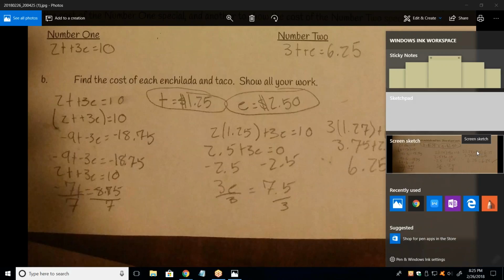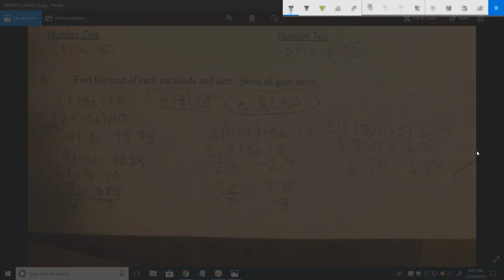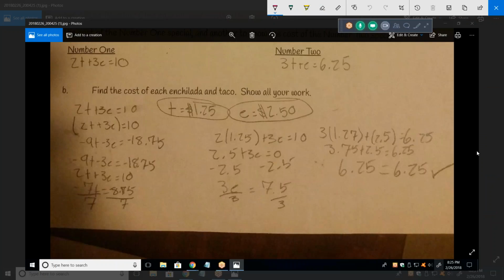So to find the cost of an enchilada and a taco, again, we have a system of two equations. There's one equation, there's the other equation. How are we going to solve this system of equations? Elimination. Yeah, and the reason is that in this case, we do not have one variable fully solved.